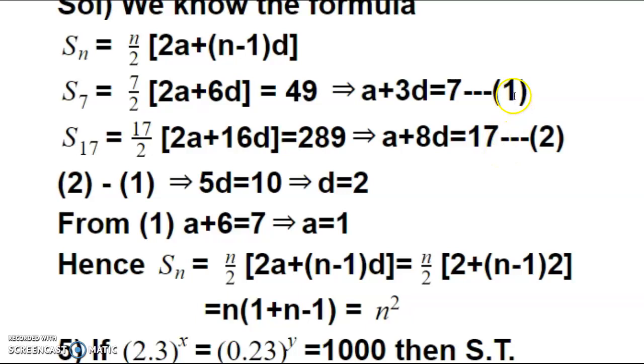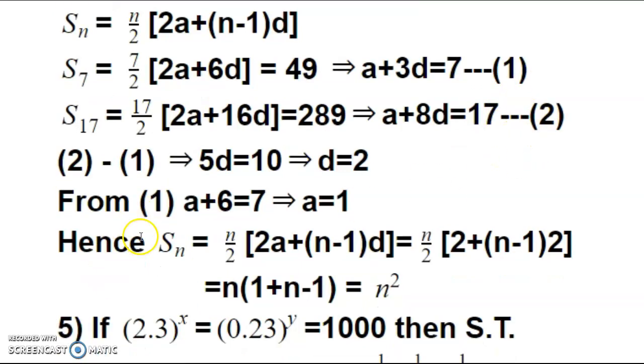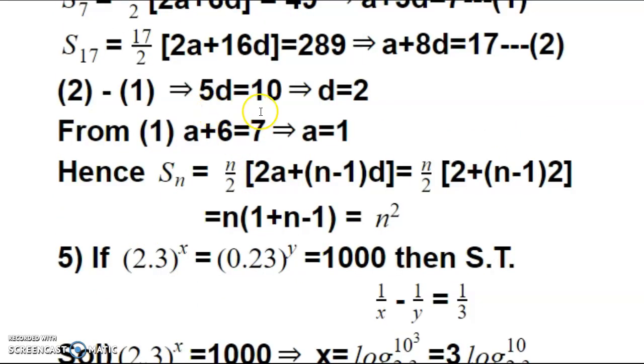By subtracting the first equation from the second equation, we get 5d is equal to 10. That means d is equal to 2. Substituting d is equal to 2 in the first equation, we get a plus 6 is equal to 7. That implies a is equal to 1.